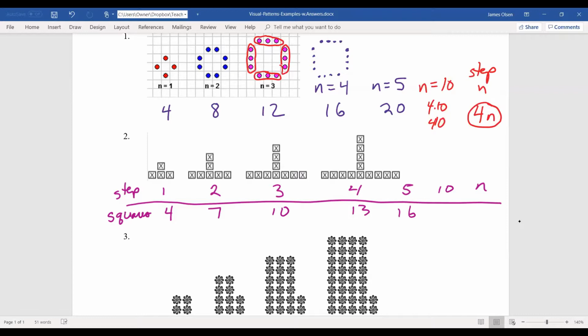I'm going to highlight the portion that's staying the same. This yellow square in the center is the one that's staying the same. In the second figure, it's this yellow square. Third figure, fourth figure. So I always have that center point that is not changing. And then my sticks are growing.